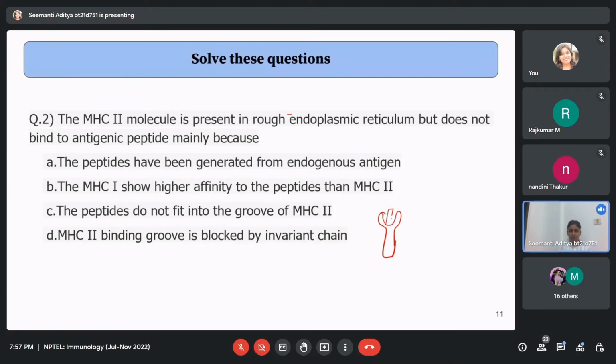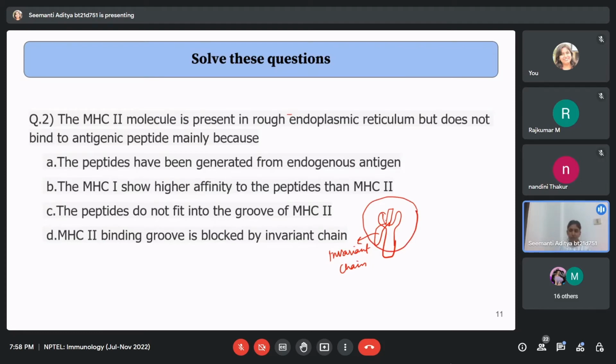There is something that I was talking about, like a big protein, which helps in giving stability to the MHC class 2 molecule in its vesicle. So basically MHC class 2 has an invariant chain that is bound in the peptide binding cleft initially, and that will give stability to the MHC class 2 molecule in the vesicle form.